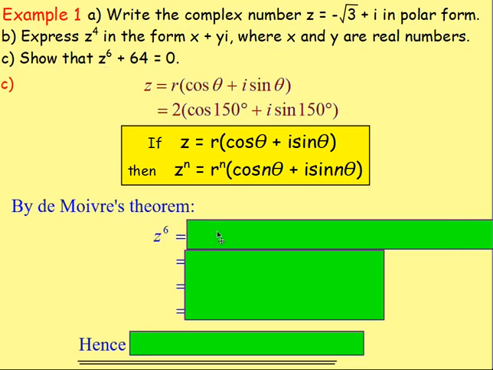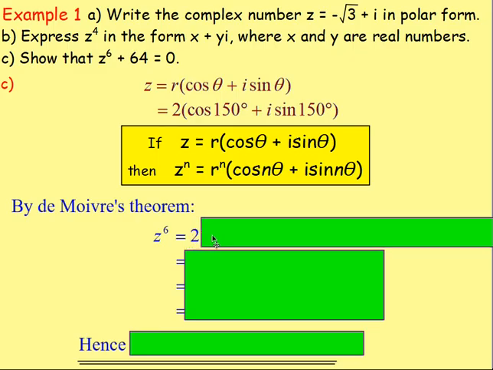So z to the power of 6 will equal what do we do? From here, because we're replacing n with 6, we know we would have the modulus to the power of 6. So we'll have 2 to the power of 6. And with the argument, we're multiplying whatever the argument is by 6.